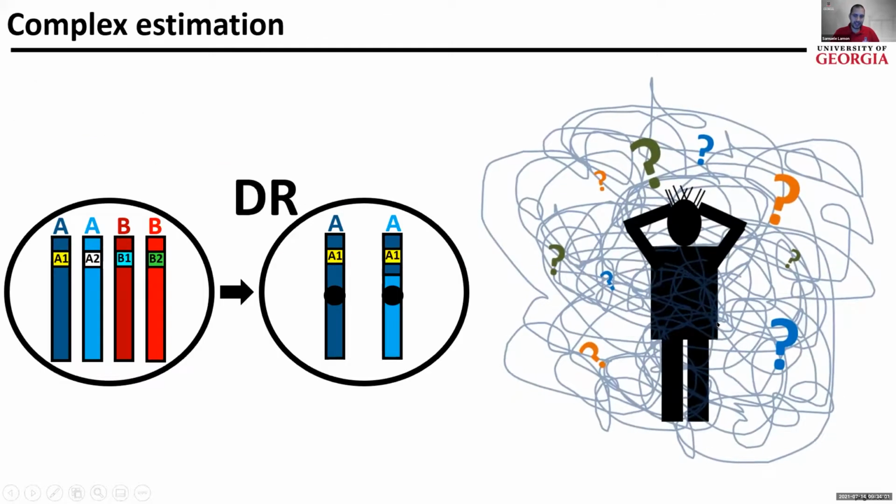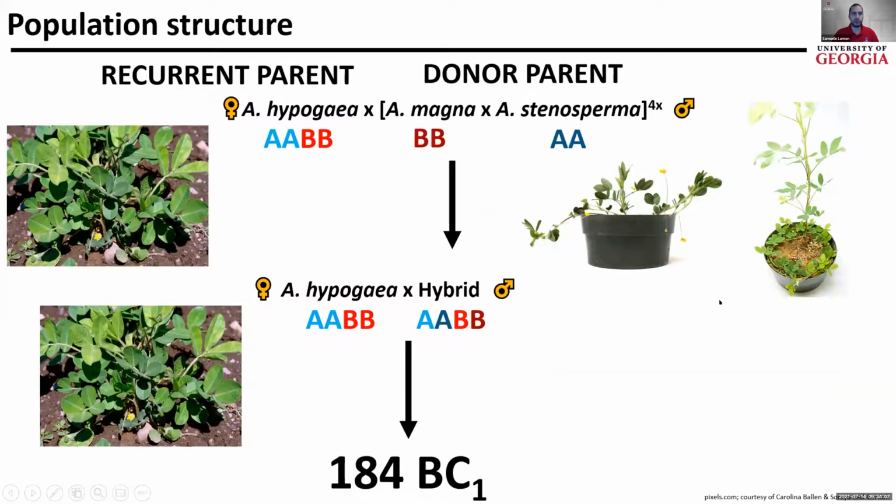Estimating this process is pretty complex, but we were able to do that thanks to a specific population structure, which is a BC1 population. We used as recurrent parent a regular peanut plant with an AABB genome composition, and as donor plant an induced allotetraploid peanut, which was created from the cross of Arachis magna and Arachis stenosperma.